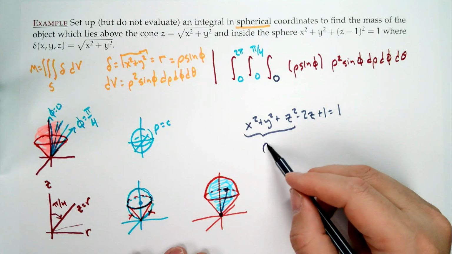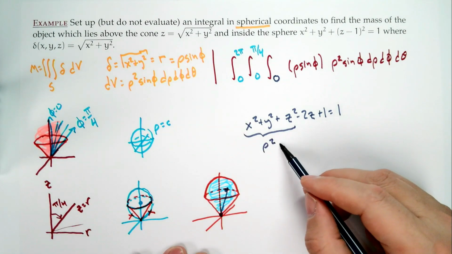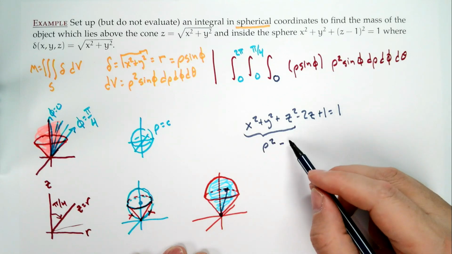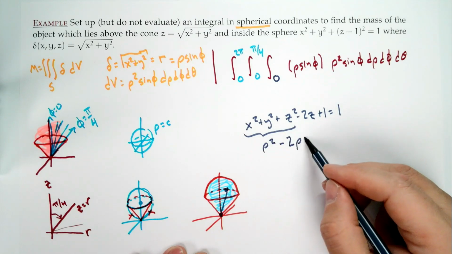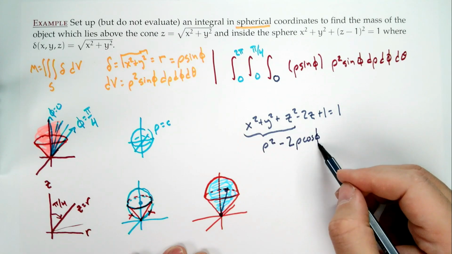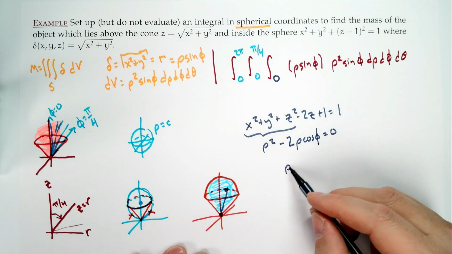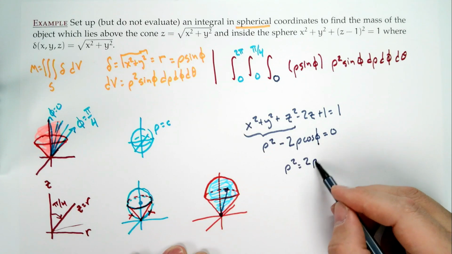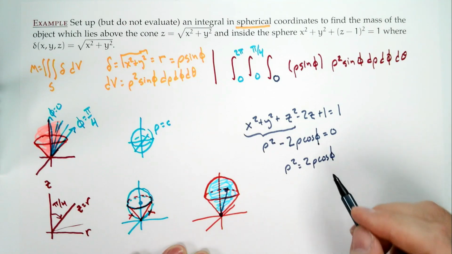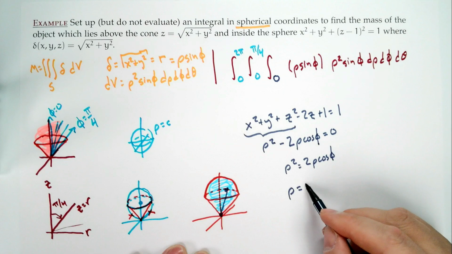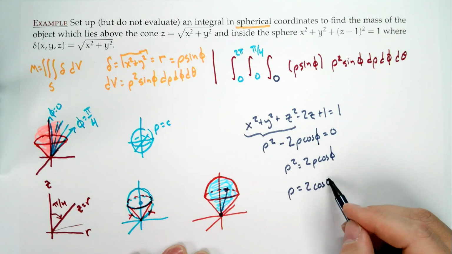That becomes rho squared. Now I have to handle the 2z. Well, z becomes rho cosine phi. The ones cancel. So this also says that rho squared is 2 rho cosine phi. Divide out by a rho, you get rho equals 2 cosine phi.